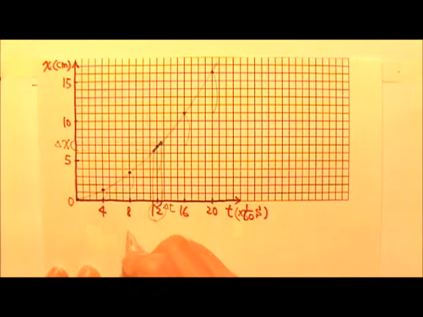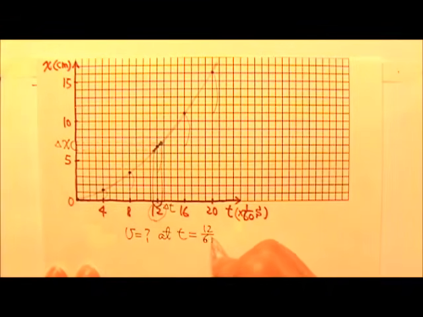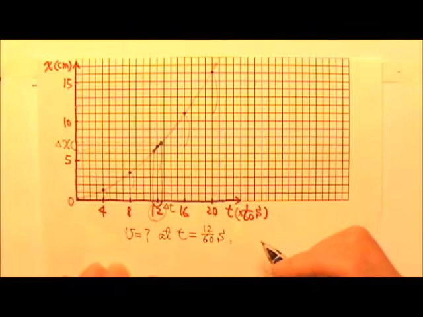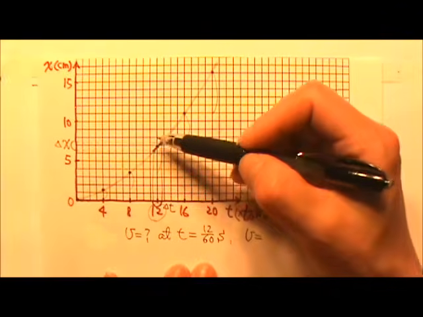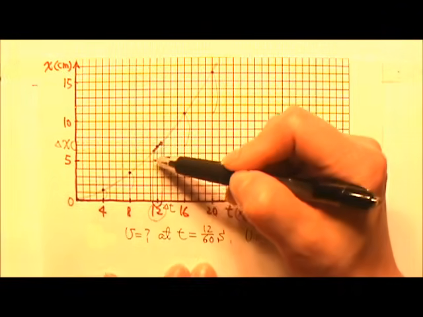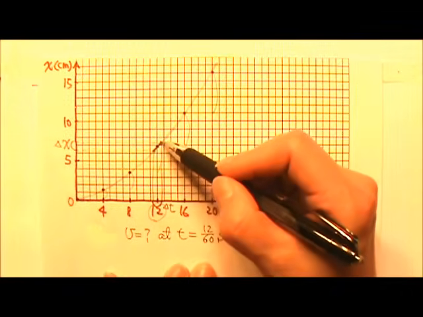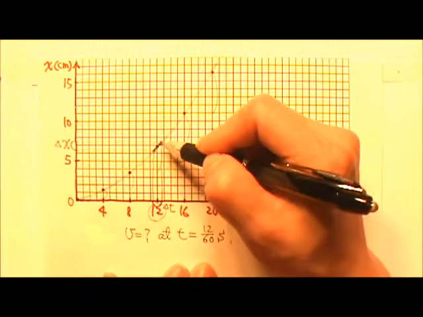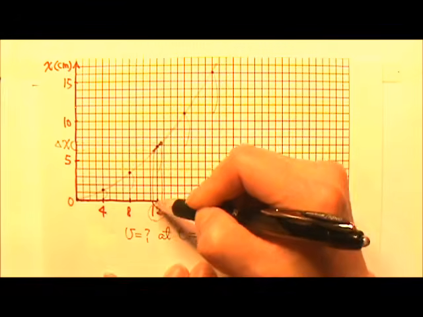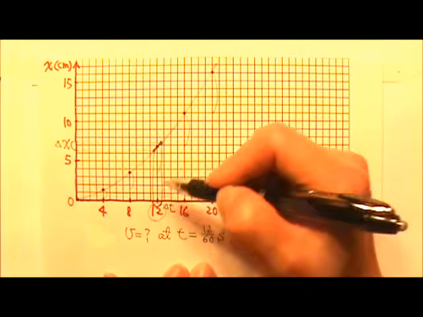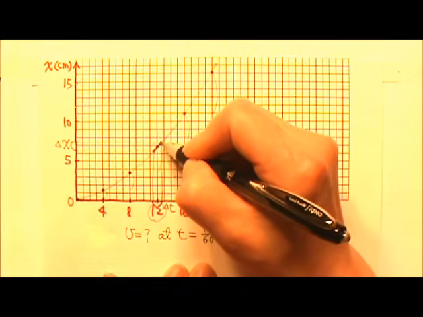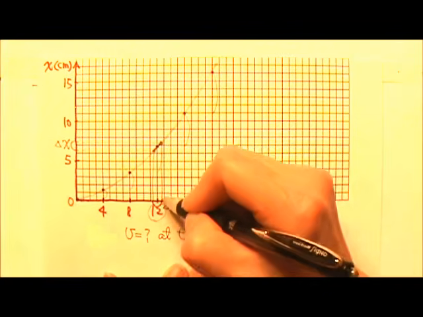Which means to find the instantaneous velocity at t equals 12/60 of a second, we will have to find the distance traveled divided by the time for a very short amount of time. So in this case, it's delta x over delta t. That means it's rise over run.